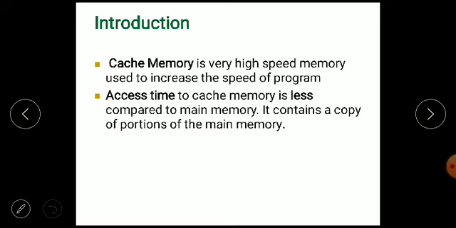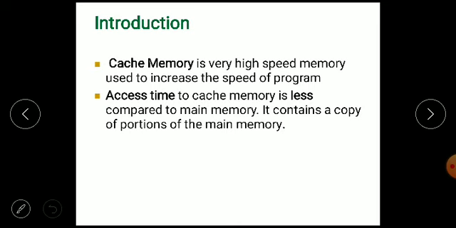That small part of static RAM, or SRAM, is called cache memory. So hence we can say the cache memory is used to increase the speed of the system, and it is called a very high speed memory.